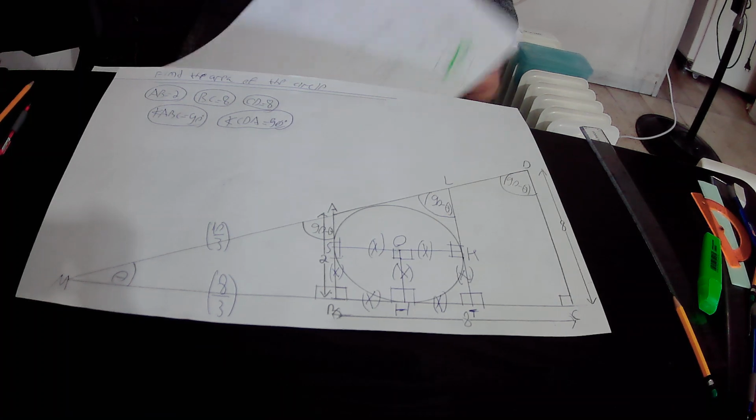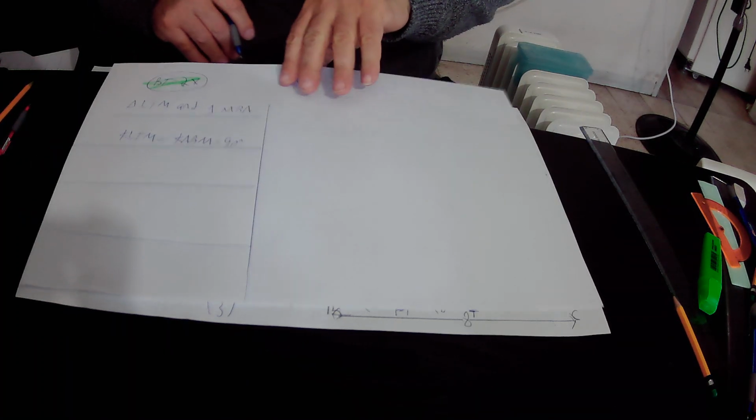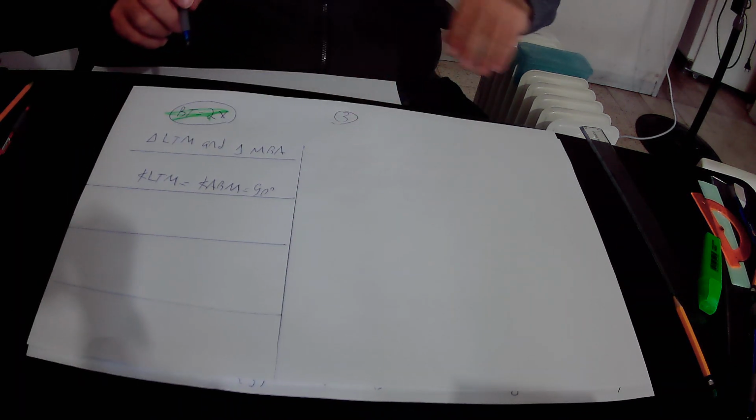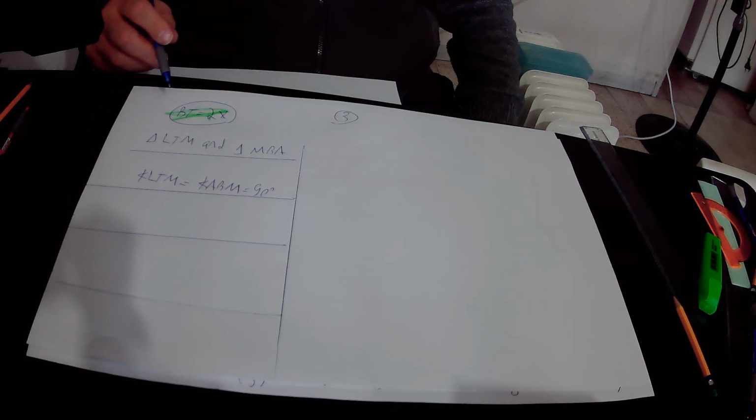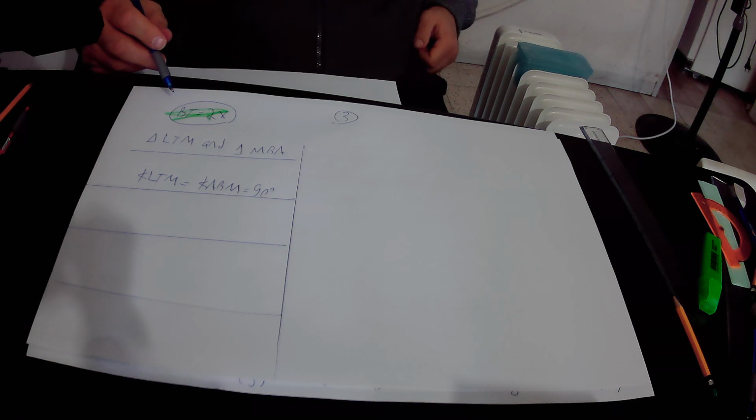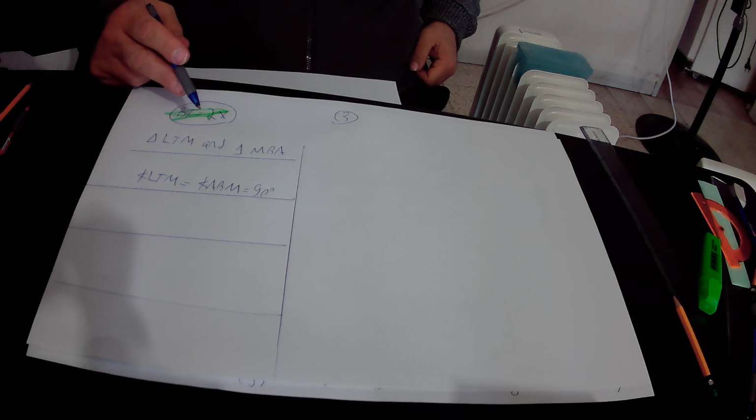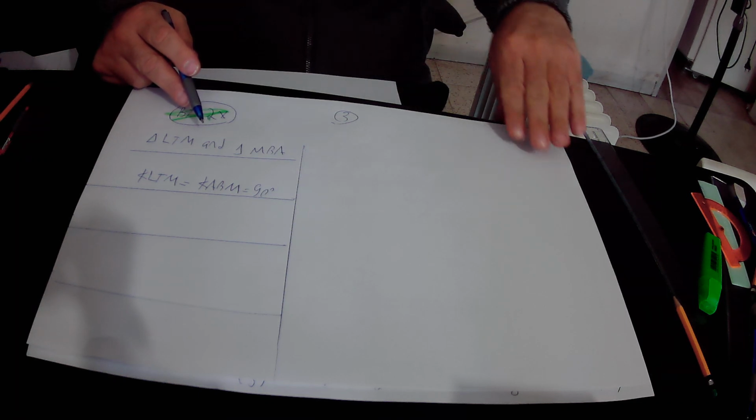Repeat again: angle LTM in the middle triangle LTM equals angle ABM in the small right triangle MBA. They are both equal to 90 degrees, therefore they are equal to each other.